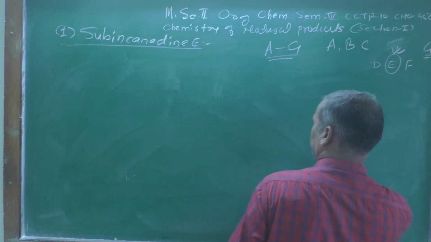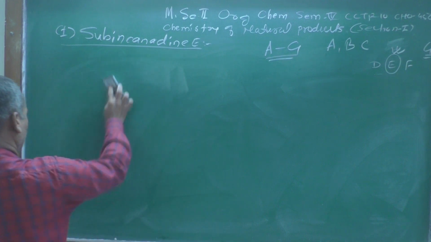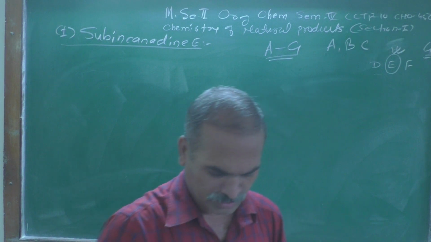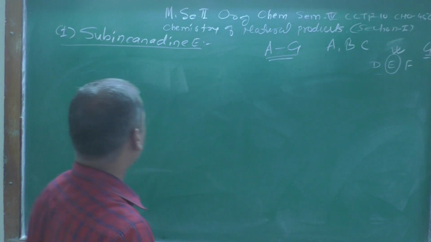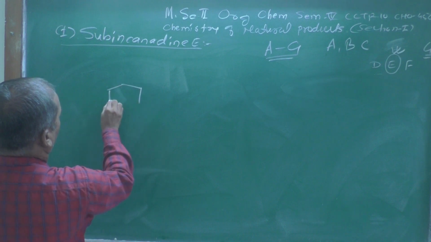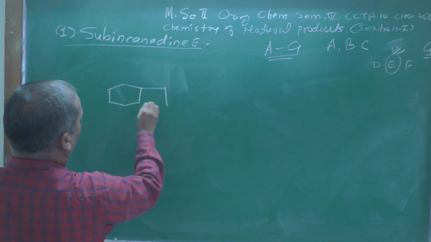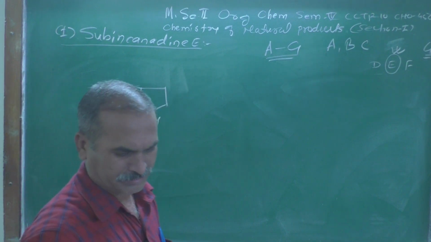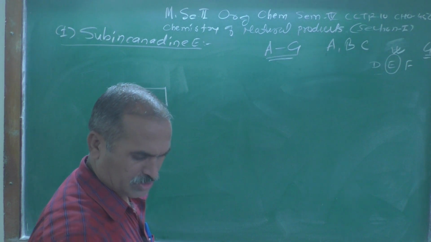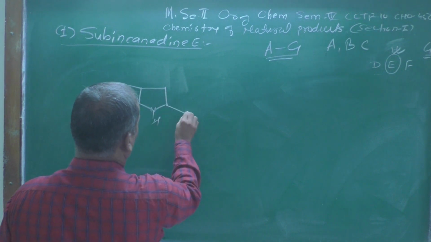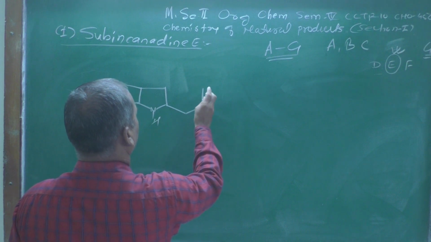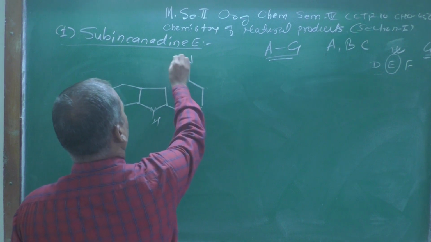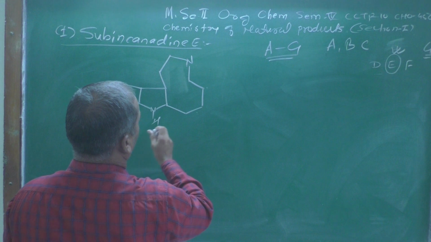Now let's see another structure over here. Now see here, this is the structure I am going to draw. This is a benzene moiety, and then there will be a hydrogen atom here, and then we can draw the structure of nitrogen, then this structure.